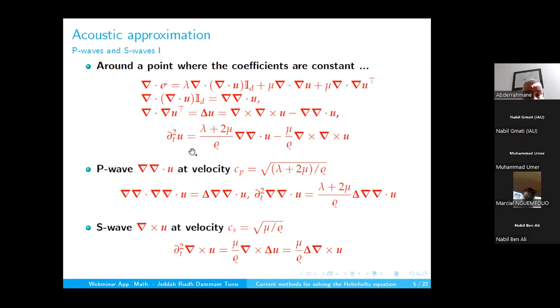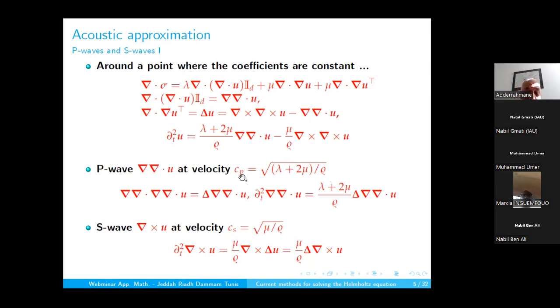And next, when you apply the curl to the equation, since the curl of the gradient is equal to 0, you get here too a wave equation, but this one, the curl of u, is propagating at the velocity Cs, and Cs is the velocity of the secondary waves.